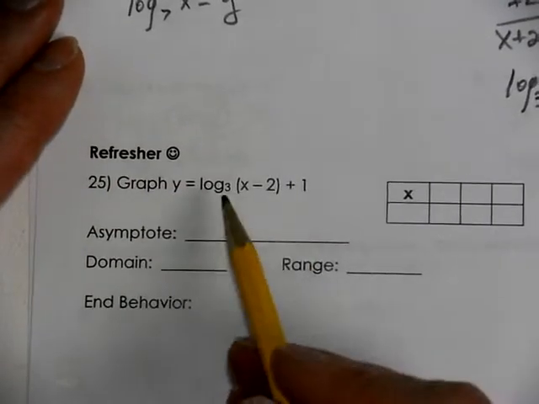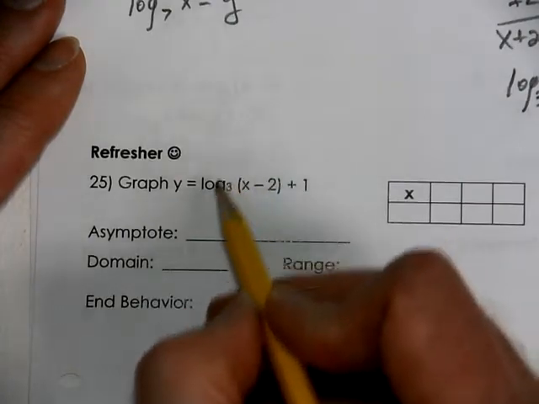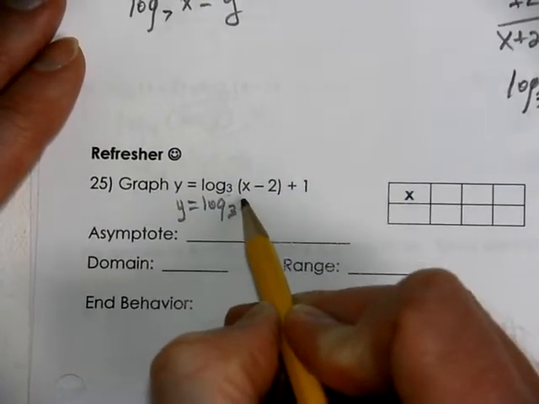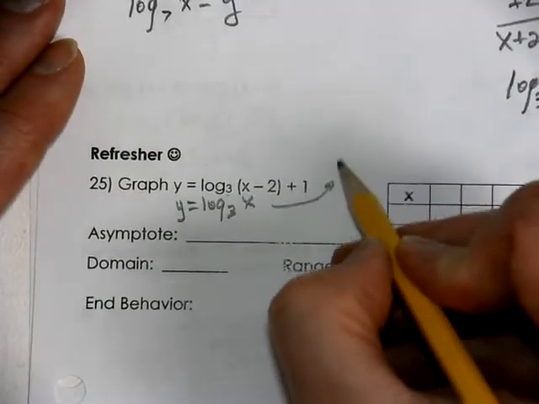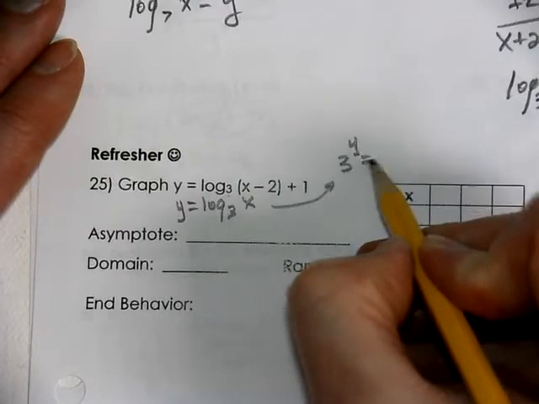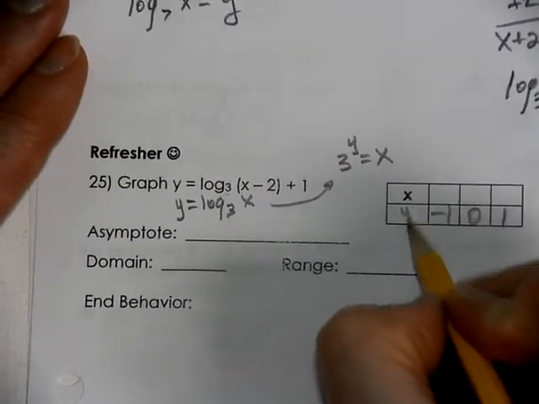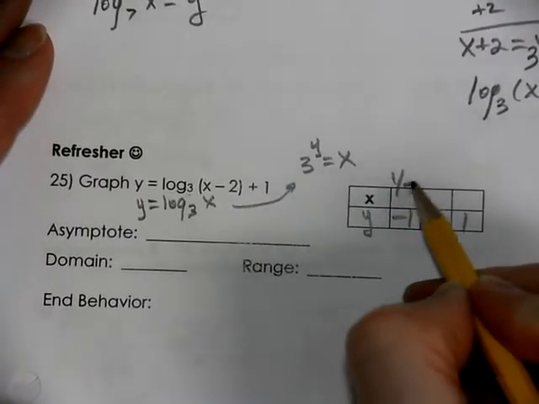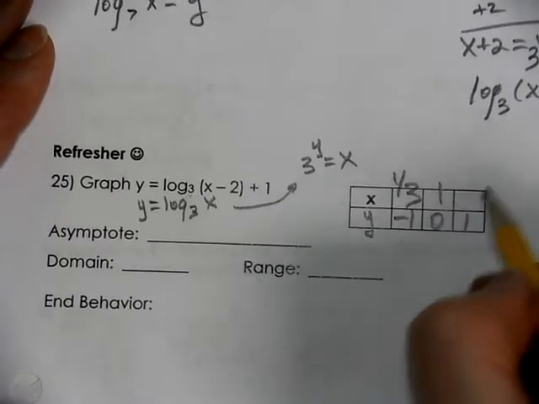If we were going to graph a logarithm, this is kind of a review, we would want to consider the equation y equals log base 3 of x. And we are going to convert that into exponential form. Pick our values for y, and when we put a -1 in for the y, we get 1/3, 1, and 3.